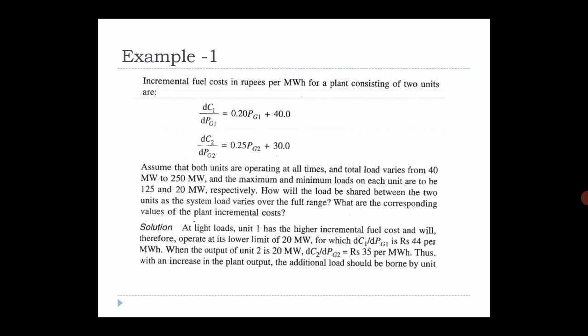Now as the load slowly increases, I am not going to increase the load of unit 1. All the load will be borne by unit 2, till the point unit 1 and unit 2 have the same incremental cost of 44.